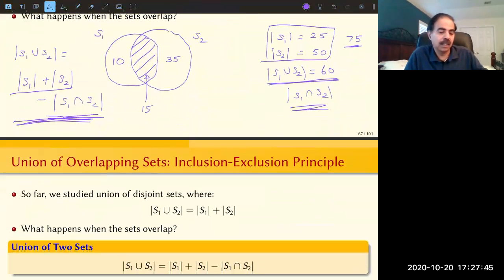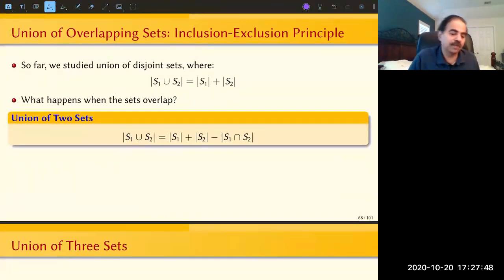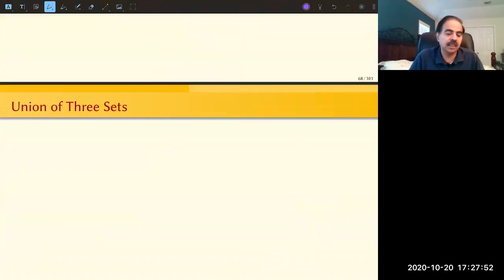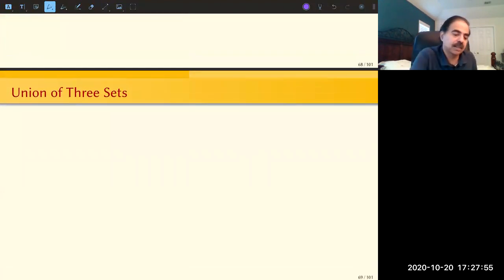Okay, so the union of two sets, the principle simply says this. Now let's see the union of three sets.